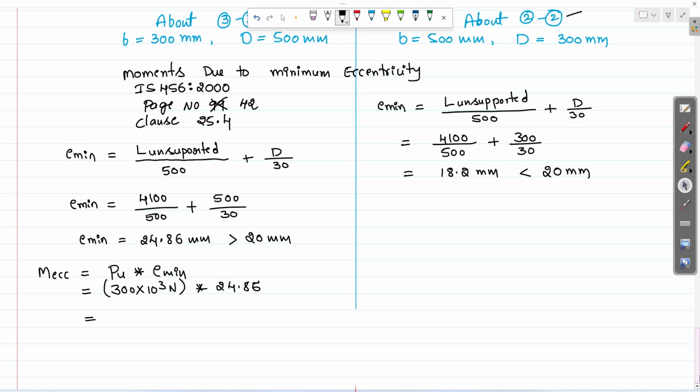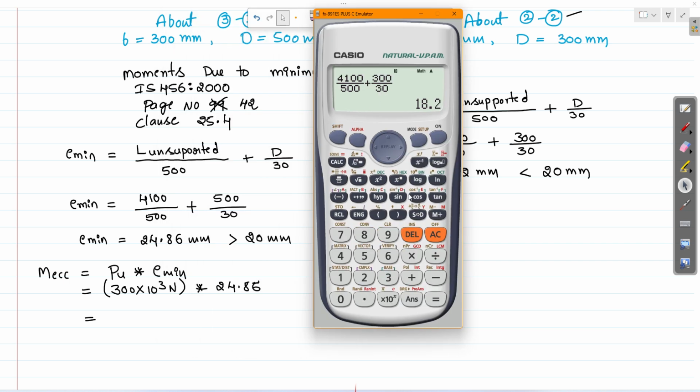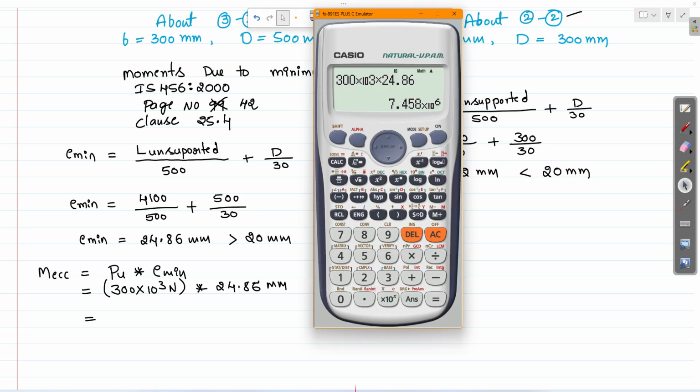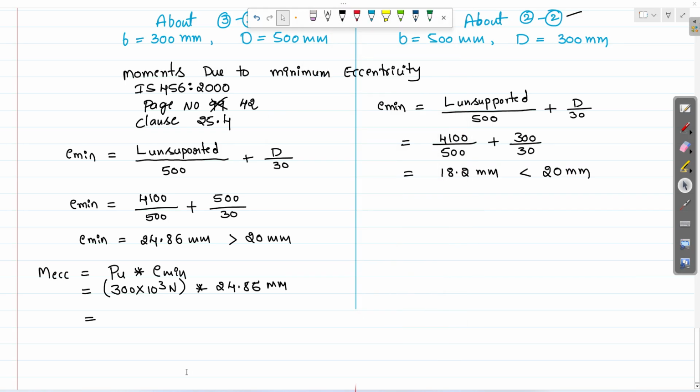So 300 into 10 power 3 multiplied by 24.86, which will be 7.45 into 10 power 6 Newton millimeter.